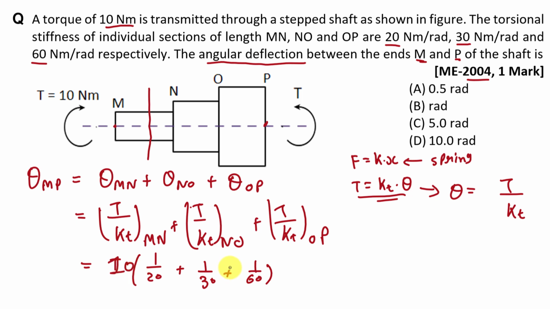Fine. Here the unit of this torque is Newton into meter and the unit of this stiffness is Newton into meter per radian. So the final value will be in radian, and if you calculate this value, then you will get 1 radian. Fine. So our answer will be 1 radian, and this option B is 1 radian. So the answer is option B, and this question is for 1 mark.